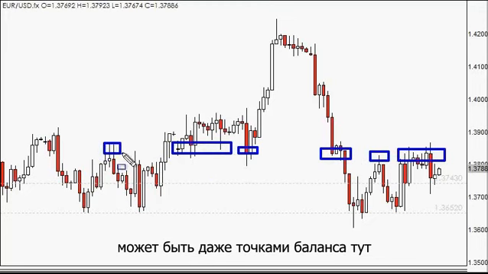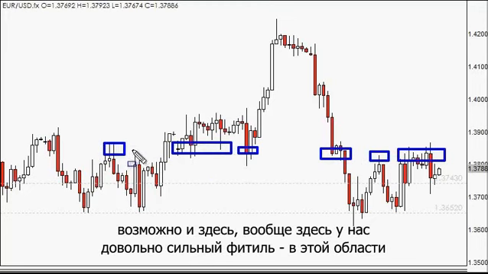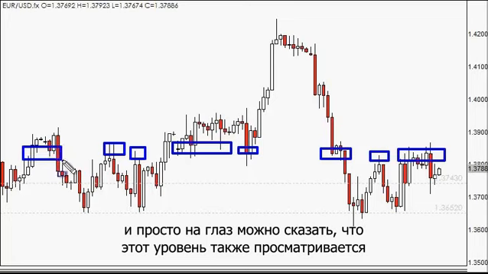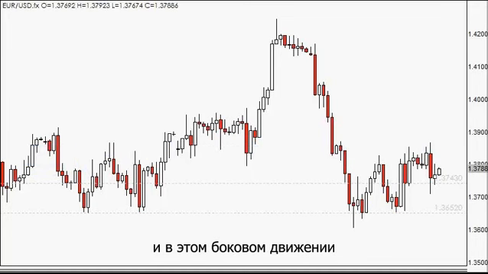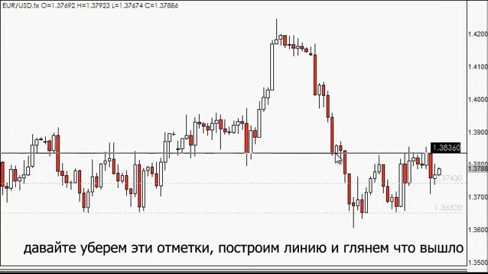Maybe even this bounce here, possibly this one here, actually, this nice strong wick up in this area. And just by eye, it looks like it lines up with this sideways movement here. Okay, so let's remove these boxes, throw up a line and see how it works out.